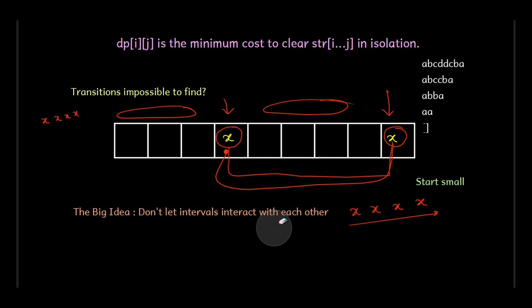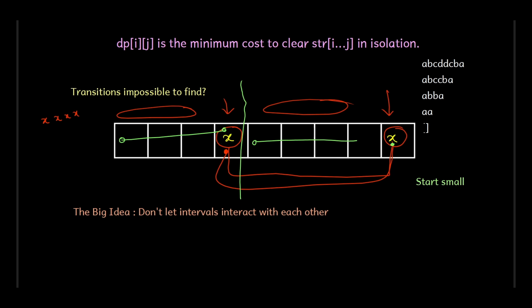This means that when you are merging this X to here, you have to find out the DP value of this entire segment, because if you add this barrier over here and you solve for this part independently, like you collapse this part independently, then you can notice that this X that is remaining over here, you can kind of assume that this doesn't really exist anymore.